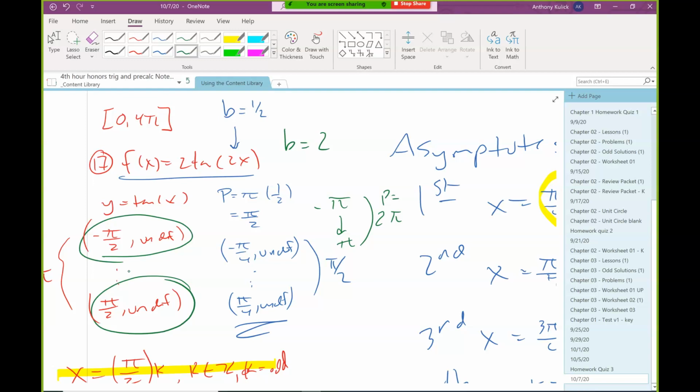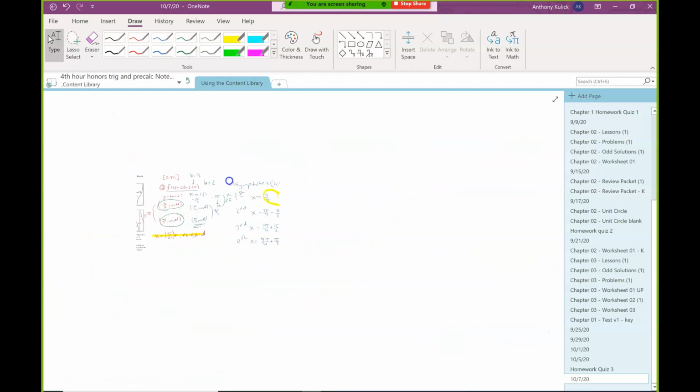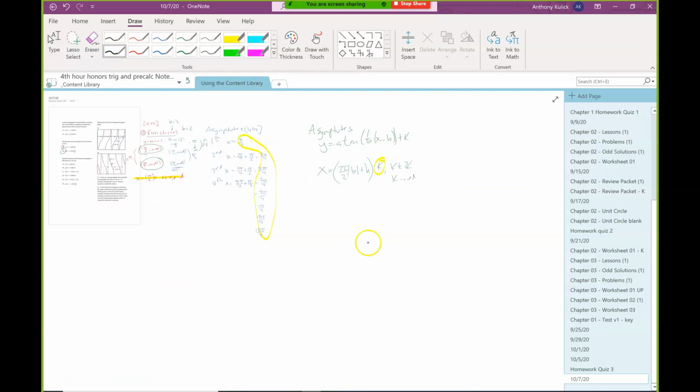Does that feel okay? Are you sure? Because I hand waved a lot of that. So you add the period? Yeah. So if you think graph, what's going to happen here, we have some asymptote, and then 1 period later, we'd have the next asymptote, right?